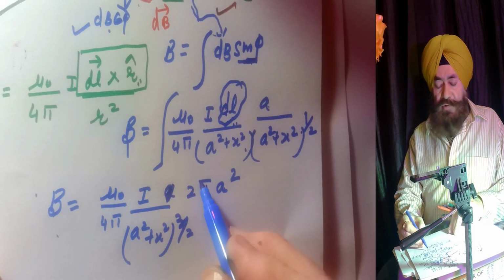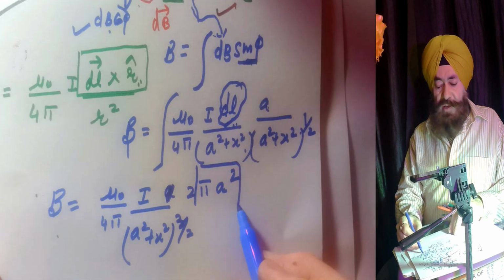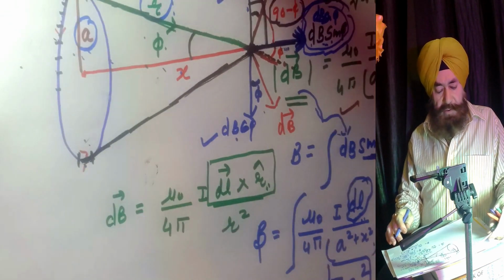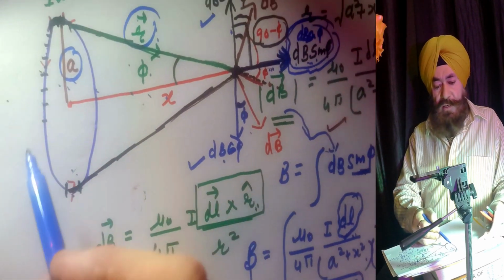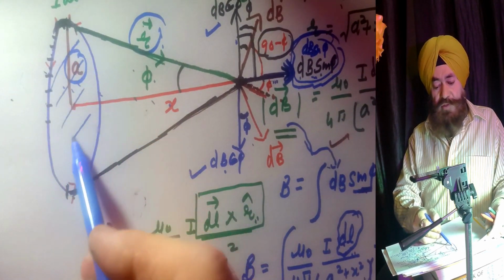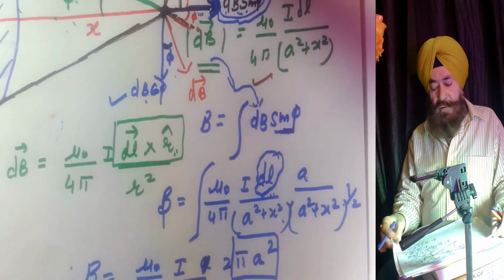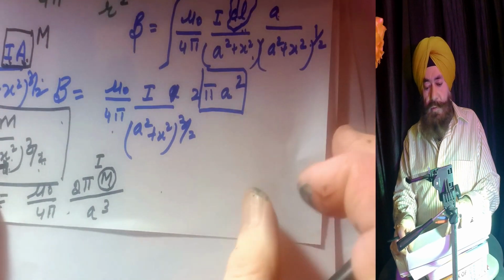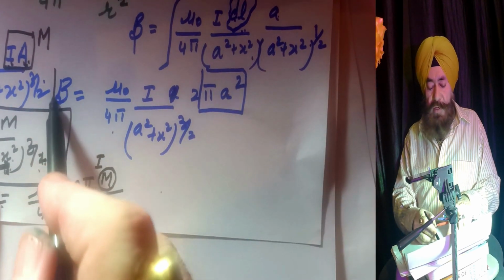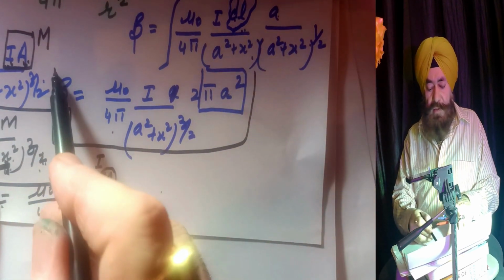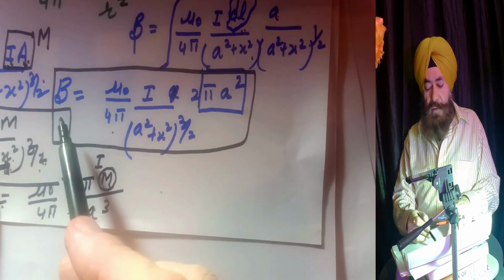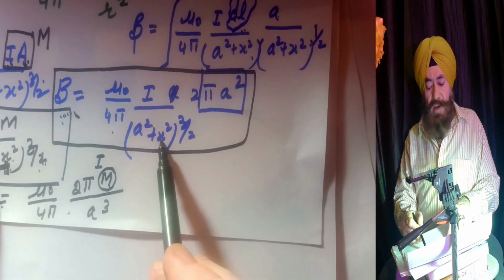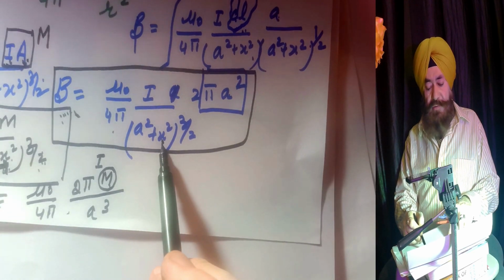Now one thing more, pi a square. Remember what is pi a square? You know, pi a square is the area of this loop. Okay, now the formula. So we are having that formula of B, magnetic field at a point on the axis at a distance x from the center.